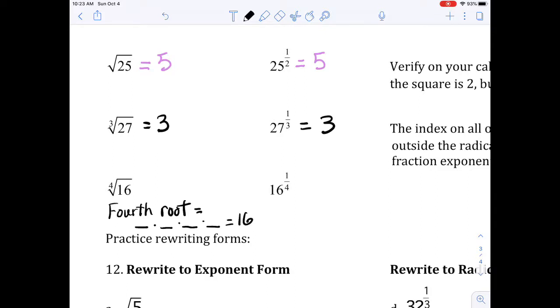On your graphing calculator, if you hit the math button and then you hit item 5, you are able to change the index to a 4. So the answer here is 2. But if you don't have that, another way to do it is to take 16 and raise it to the 1/4, and you will get 2.